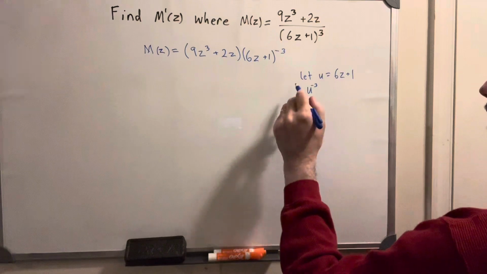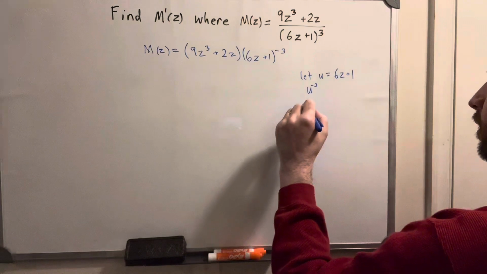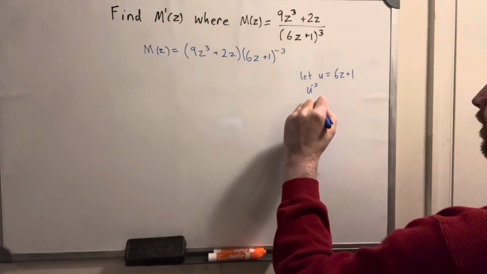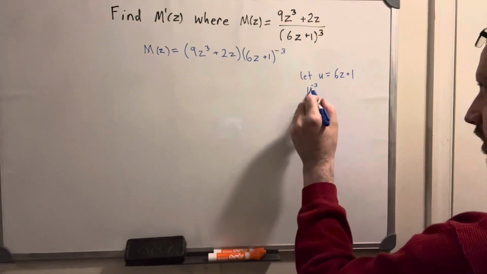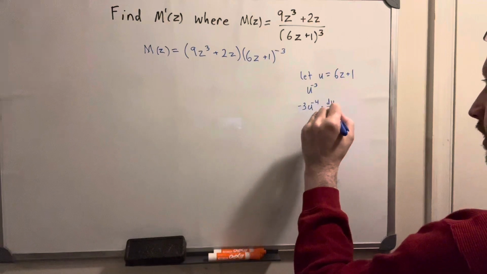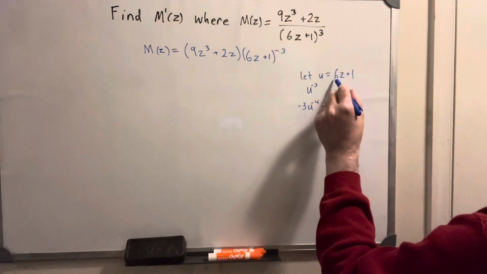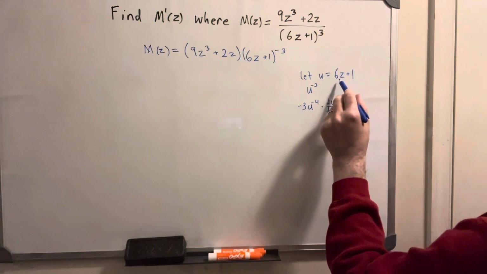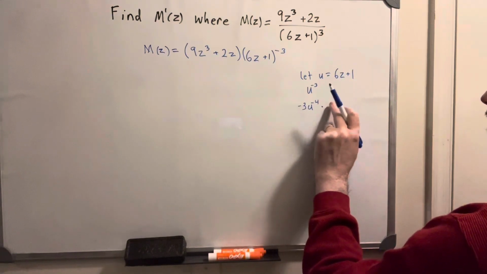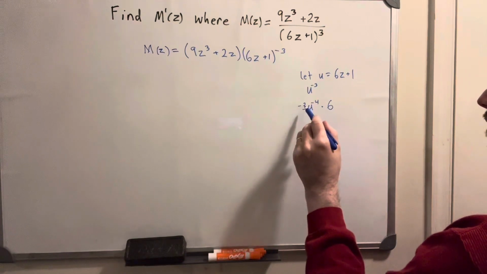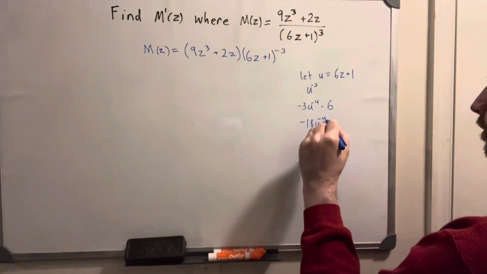We're talking about the derivative of this, which would be negative 3u to the negative 4 times, remember the chain rule, you have to remember to do du dz. And what is du dz if u is 6z plus 1? Basically, what's the derivative of this? It's just 6. So negative 3 times 6 is negative 18u to the negative 4.